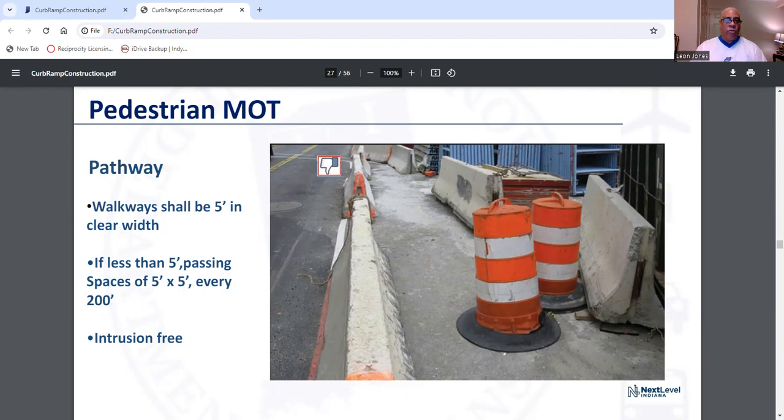And then you have your intrusion free. So pathway, all walkways should be 5 feet in clear width. Now, if less than 5 foot, then must have passing spaces of 5 foot by 5 foot, or 25 square feet, every 200 feet, and it should be intrusion free.